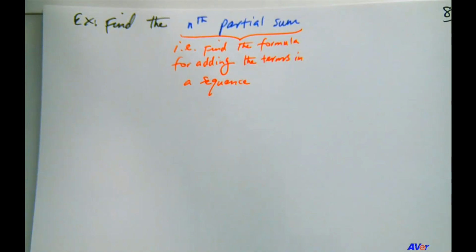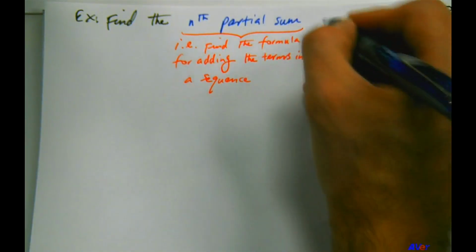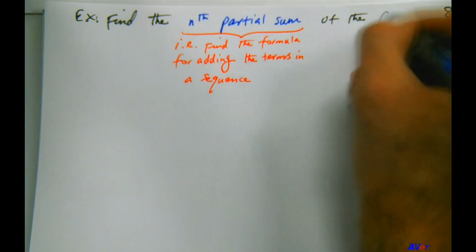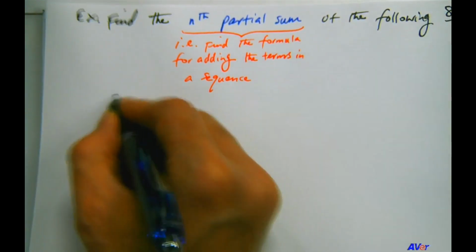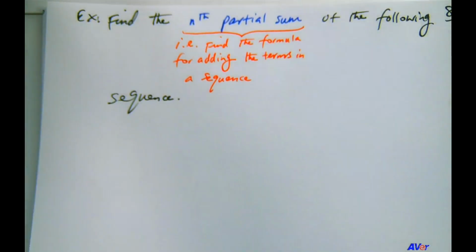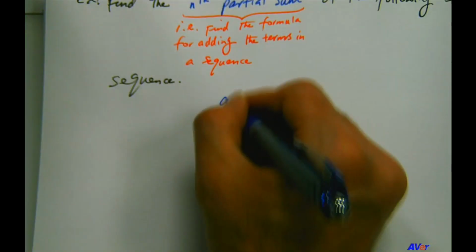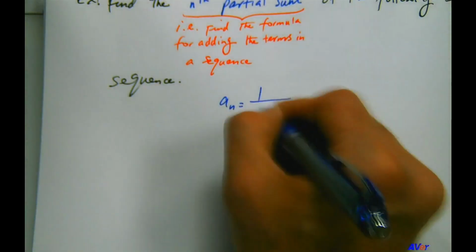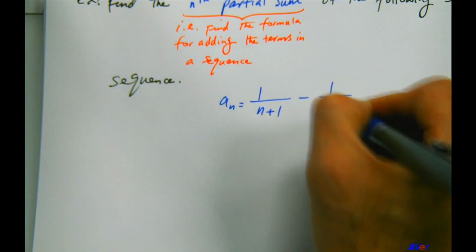Okay. Find the nth partial sum of the following sequence. Okay, so here's the sequence. We have that a_n equals 1 over n plus 1 minus 1 over n plus 2.